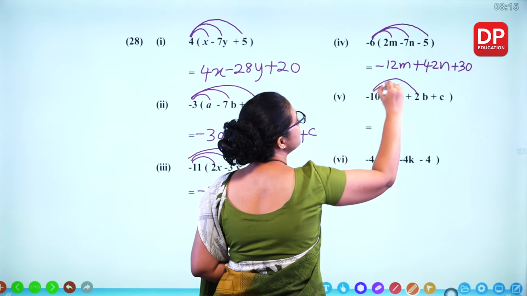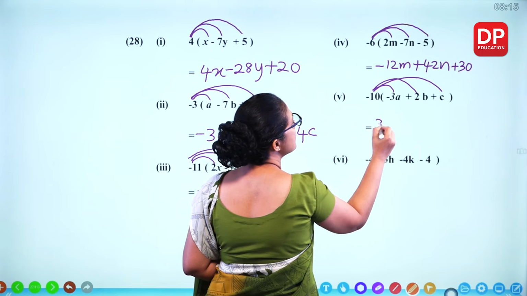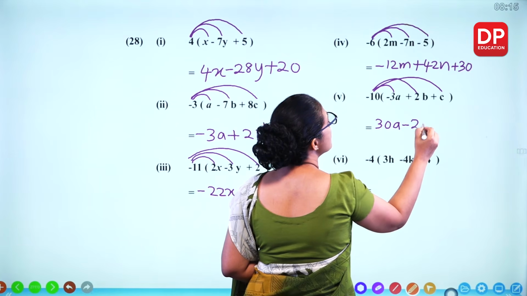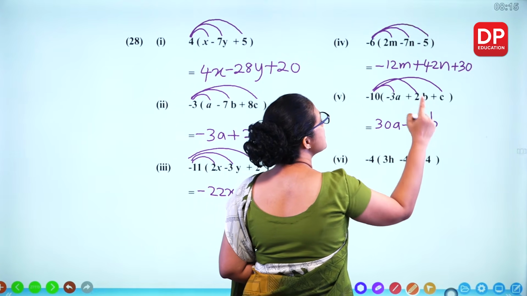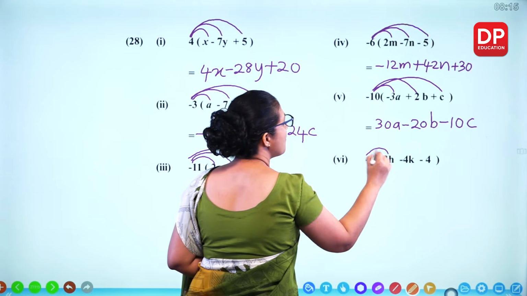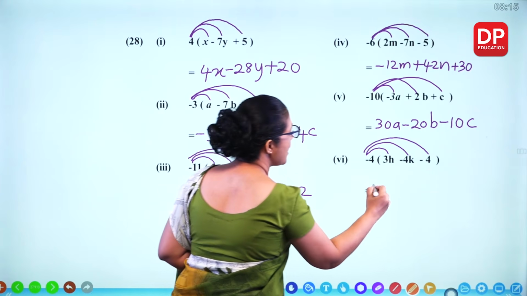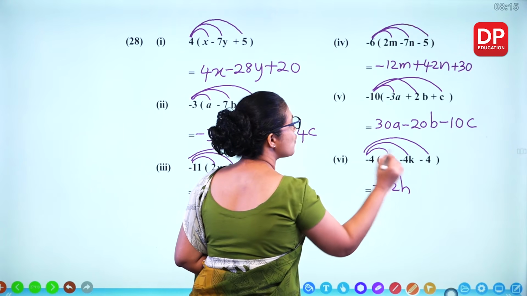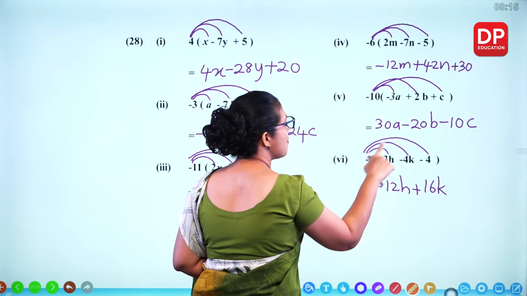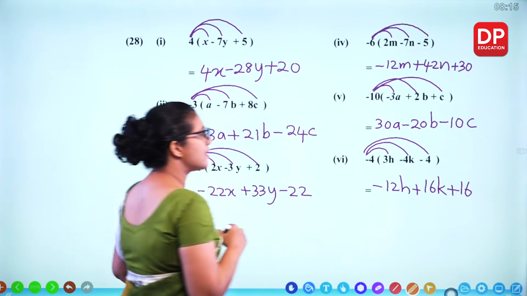This one, minus 10 into minus 3, plus 30. Minus 10 times 2b, minus 20b. And minus 10 times c, minus 10c. What about this one? Minus 4 times 3h, minus 12h. Minus 4 times minus 4, plus 16k.